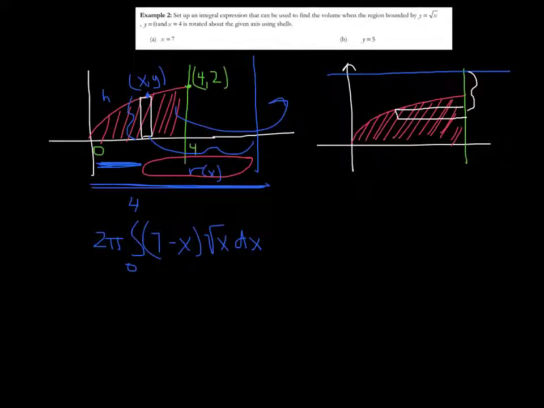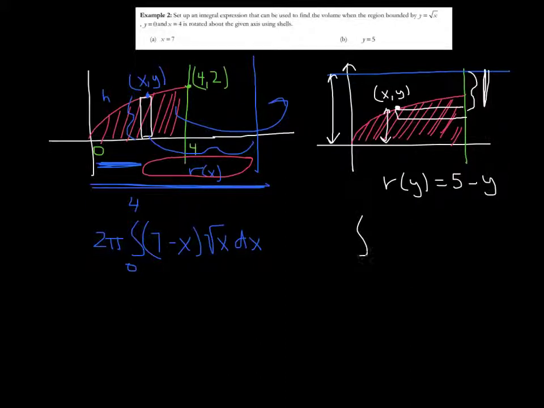If we call this point right here (x, y), then the radius is simply going to be 5 minus y. Once again, 5 is this entire distance, and y is this distance. So if you want to get this distance, you have to subtract them. So r of y is 5 minus y.